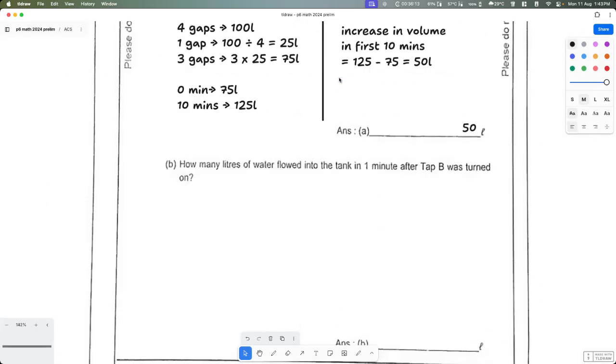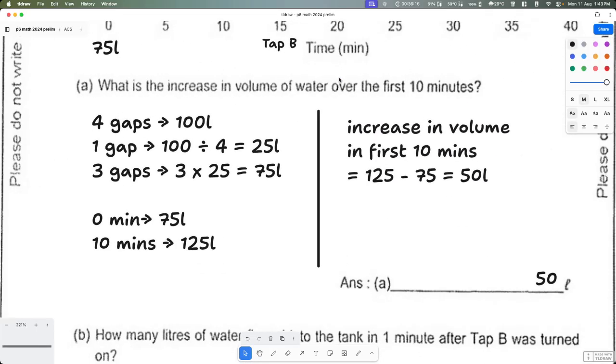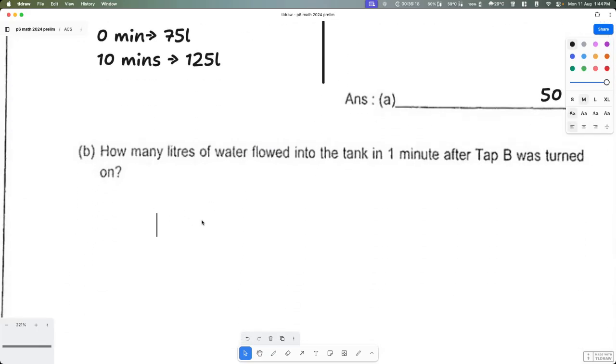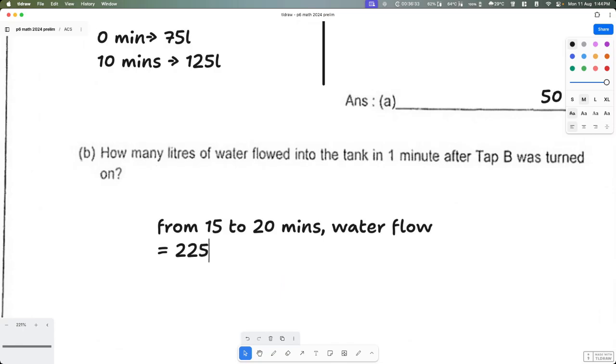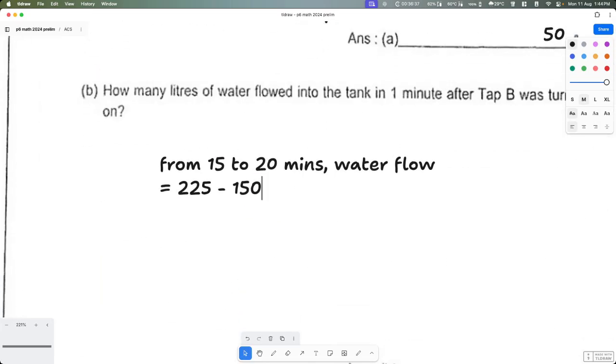Right, so I will say from 15 to 20 minutes, water flow is equal to 225 minus 150, is it? Yeah, I always forget. It goes to 75 liters.